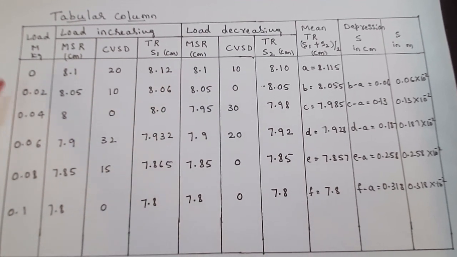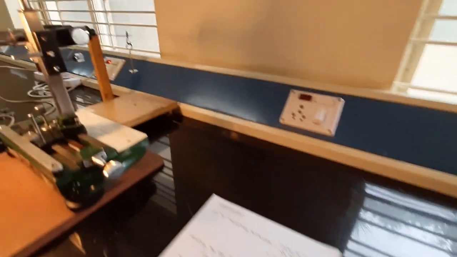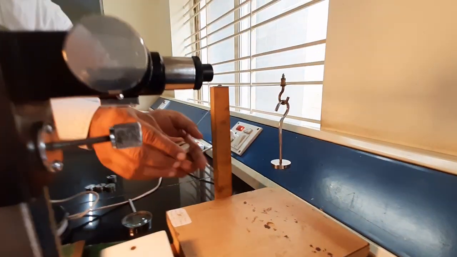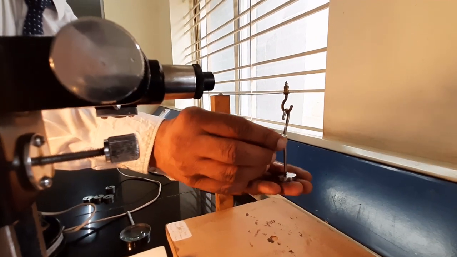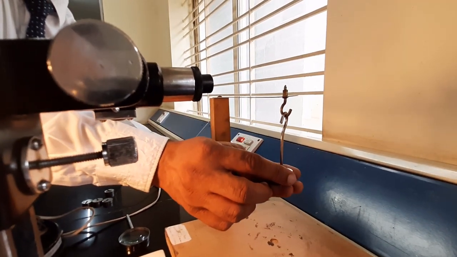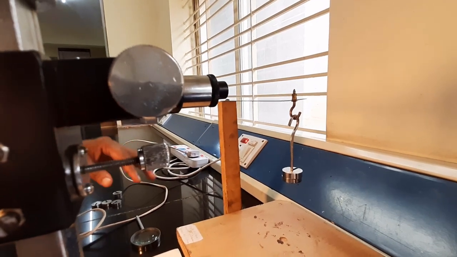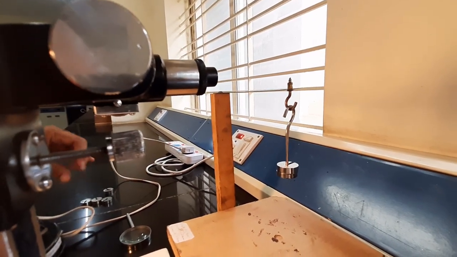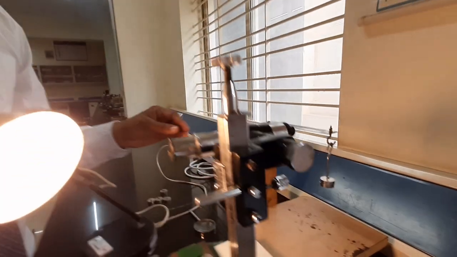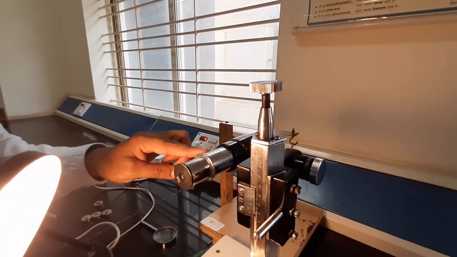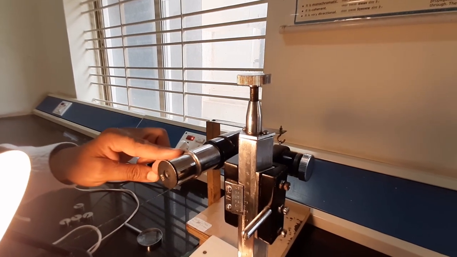After the dead load, we have to take one slot of weight and insert it slowly. Each slot is just 20 gram. Once the weight is hung on the single cantilever or beam, again you have to adjust the traveling microscope.